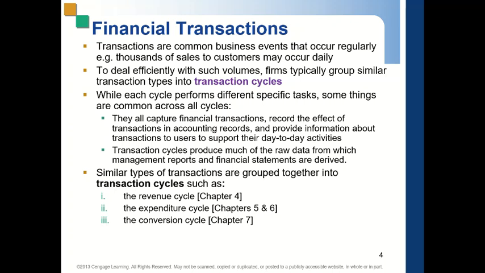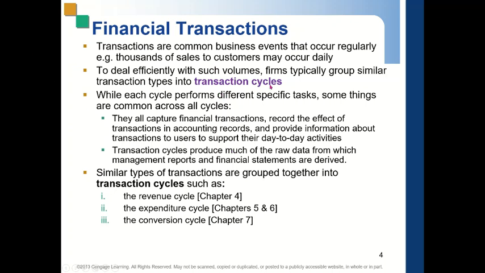So essentially the idea of a transaction cycle really is to group together transactions that we believe are similar, and that in the long term then allows us to process transactions efficiently.